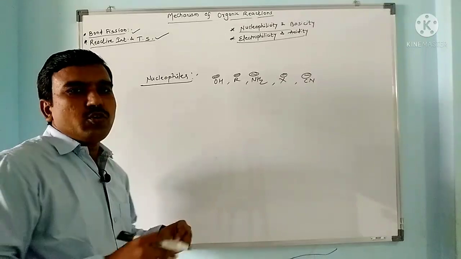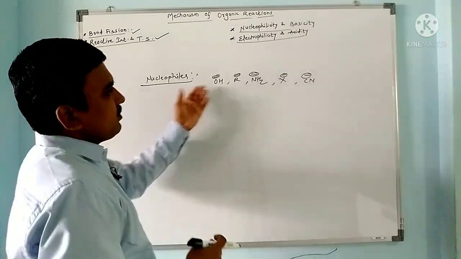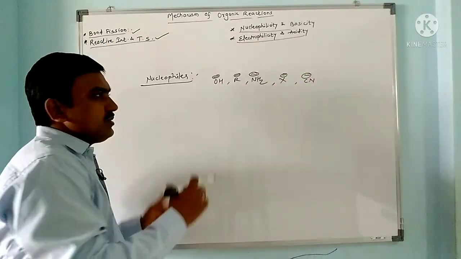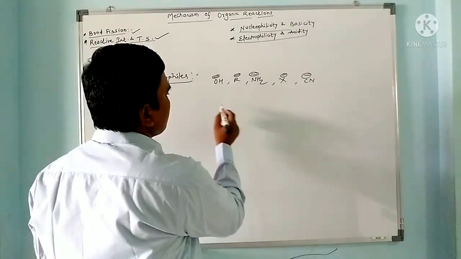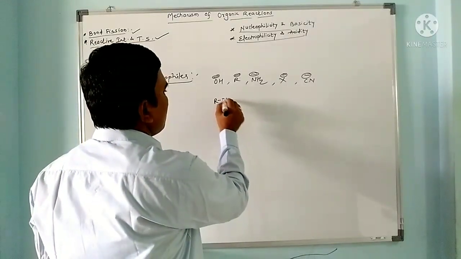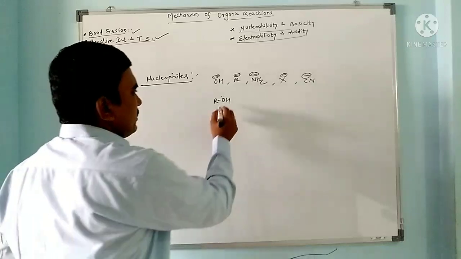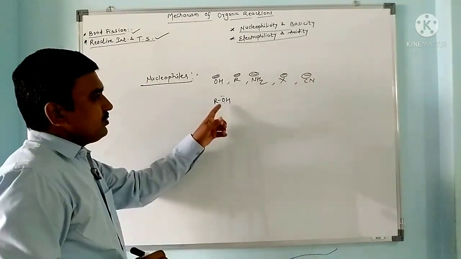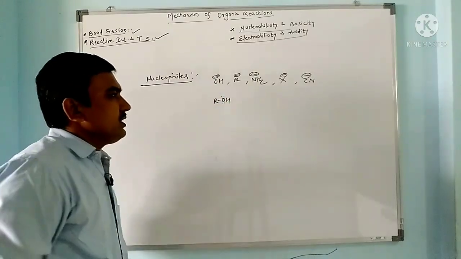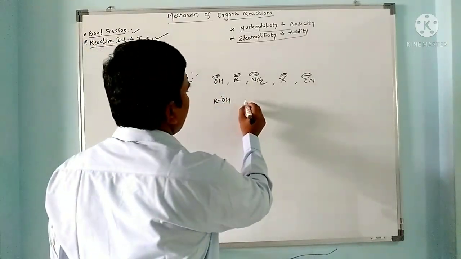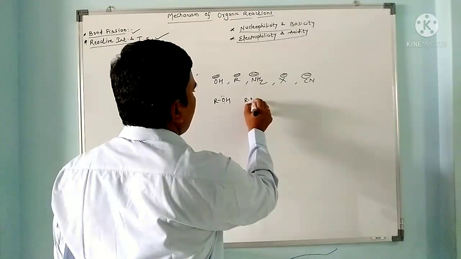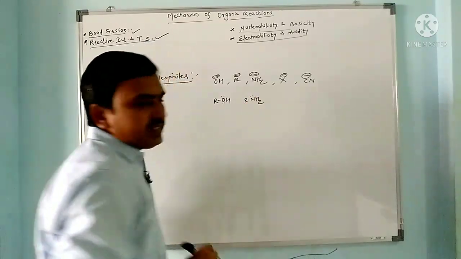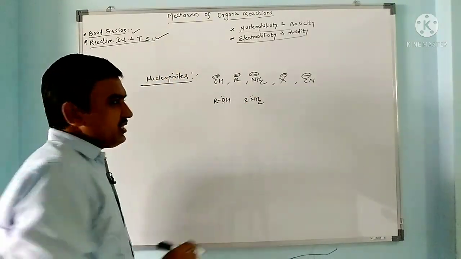Some nucleophiles do not have a negative charge. Some have a negative charge, some may not, such as ROH, alcohol, where oxygen has two non-bonding electron pairs, two lone pairs. So it can also be used to attack the electrophile. We have RNH2 amines, where nitrogen has an electron pair.